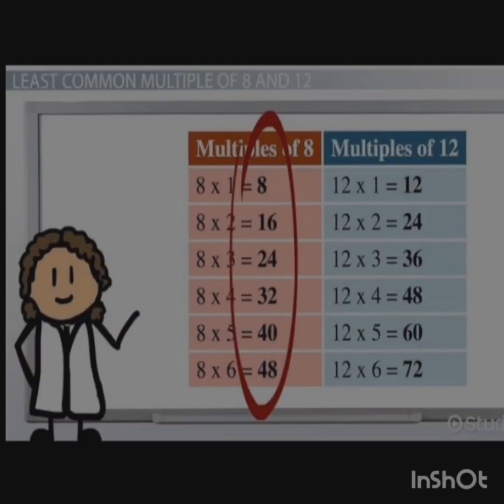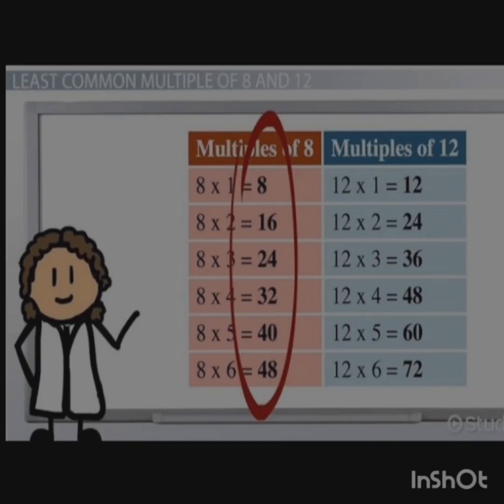Now let's take a look at the multiples of 8. From here we can see 8 times 1 is 8, 8 times 2 is 16, 8 times 3 is 24, 8 times 4 is 32, 8 times 5 is 40, 8 times 6 is 48. Let's look at the multiples of 12 also. 12 times 1 is 12, 12 times 2 is 24, 12 times 3 is 36, 12 times 4 is 48, 12 times 5 is 60, and 12 times 6 is 72.